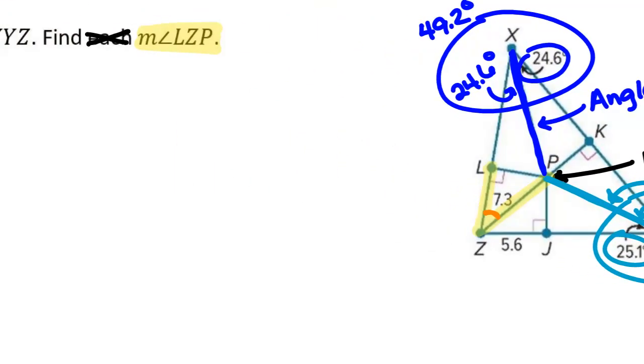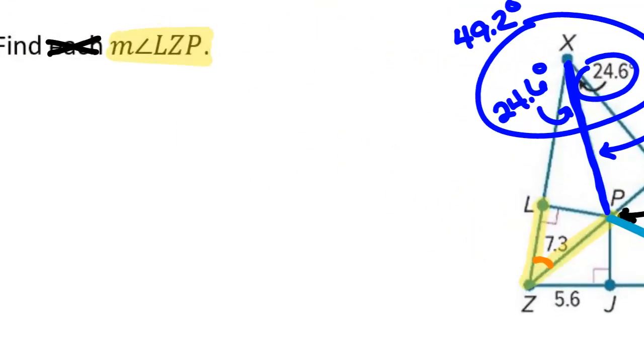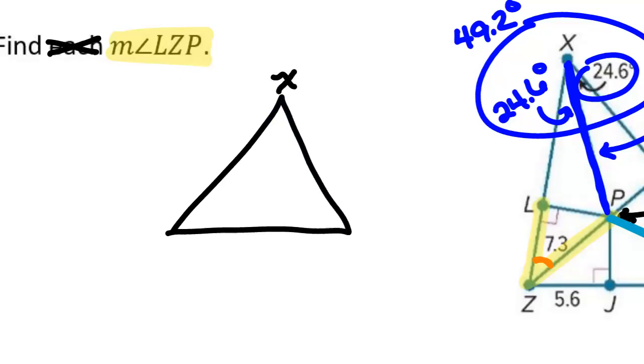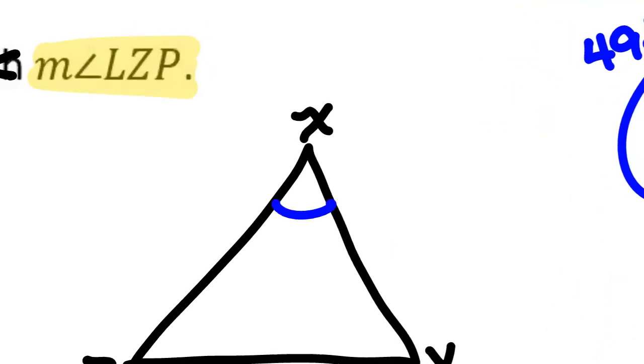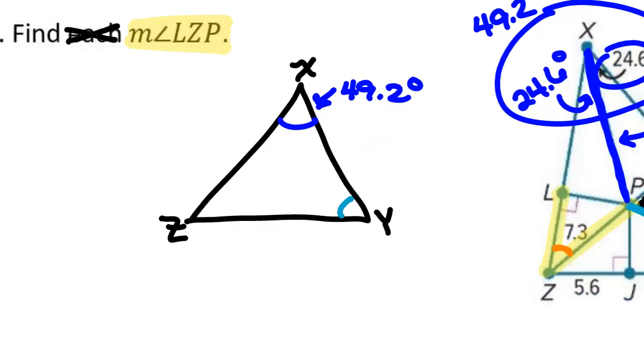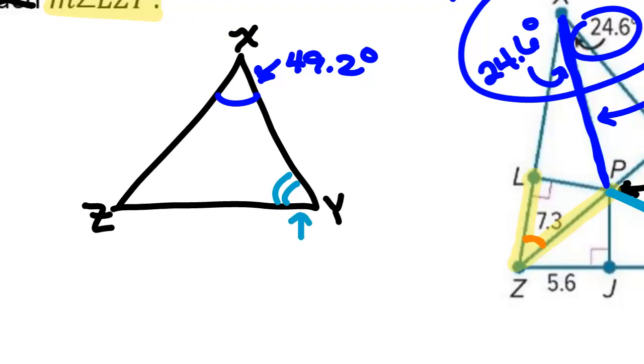I'm going to sketch this triangle off to the side without the incenter drawn in. So I have X up here, I have Y here, I have Z here. We said this angle up at the top was 49.2 degrees, and this angle over here was 50.2 degrees.